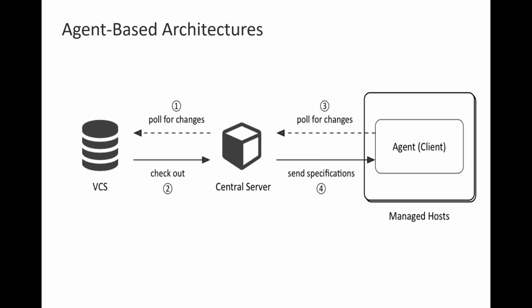Take Chef and Puppet: if we take Puppet, we need to install the master packages on the central server, the master server, and on all the machines we are going to configure with the central server we need to install agent packages. Master packages are separate and agent packages are separate.